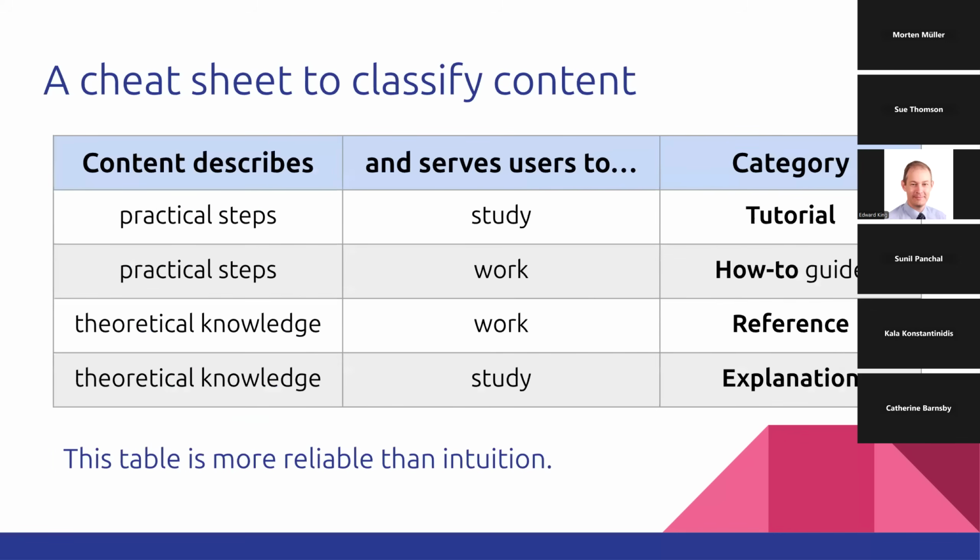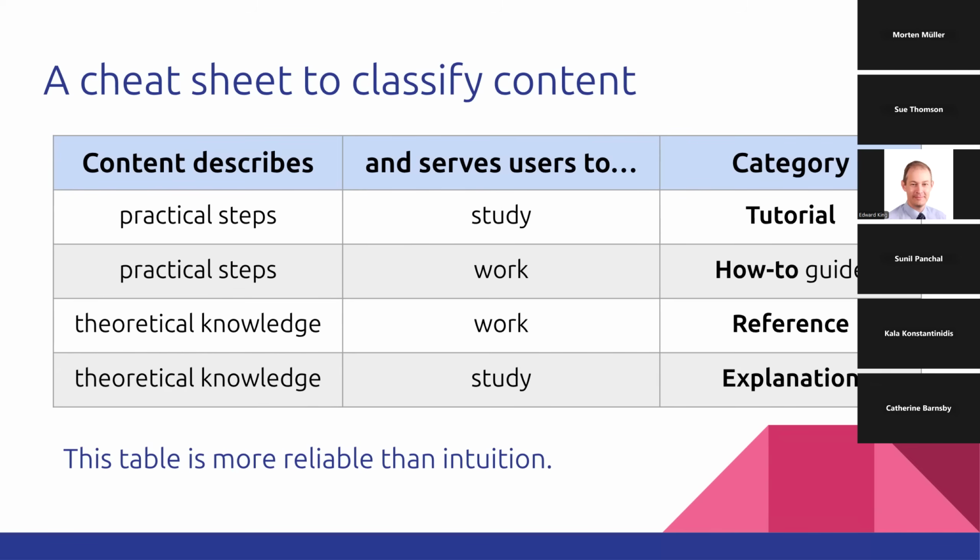So since we have gone through all 4 categories, here is a little cheat sheet about these 4 categories to help you more efficiently and reliably classify content. If you see some piece of content that you want to understand whether it serves study or work, or whether it actually describes practical steps or knowledge, you usually can determine answers to these questions. But with the categories, well, everyone feels the tutorial, how-to guide, reference and explanation sections a little bit differently.